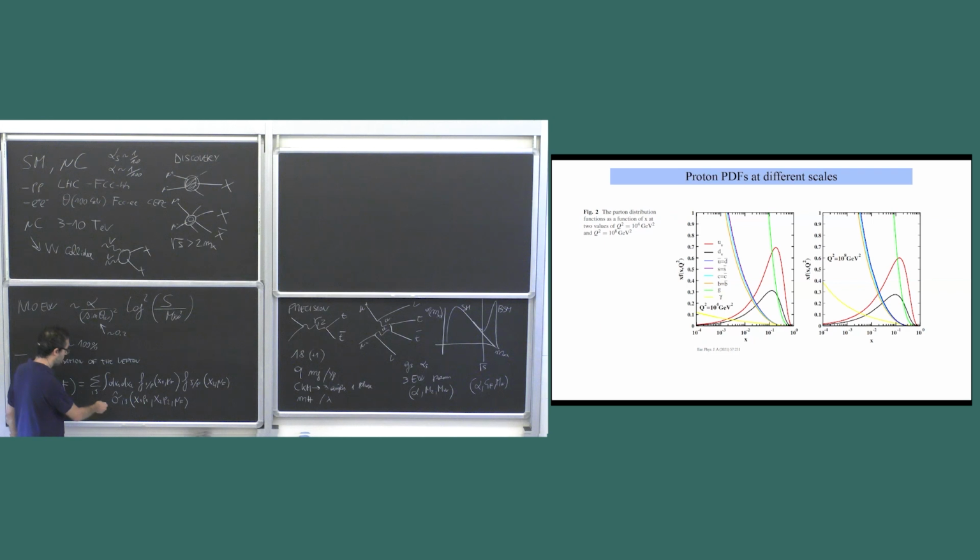And then the collision at the partonic level, as Hitoshi wrote, is happening not at s, the energy of the collider, but at s-hat, which is equal to s x1 x2.